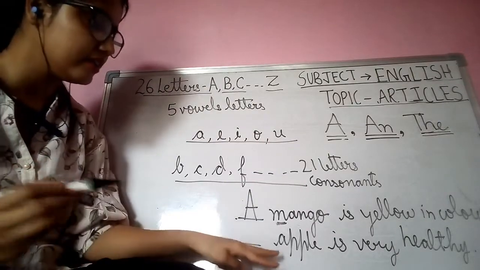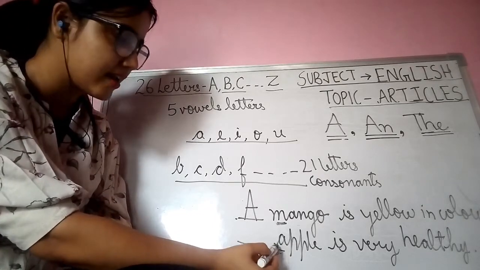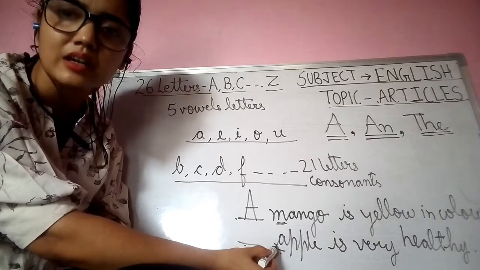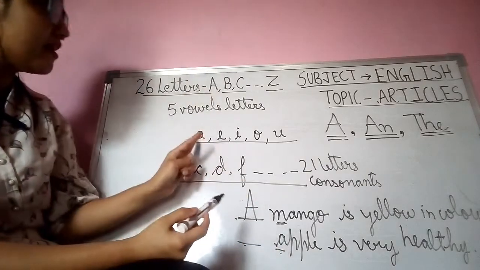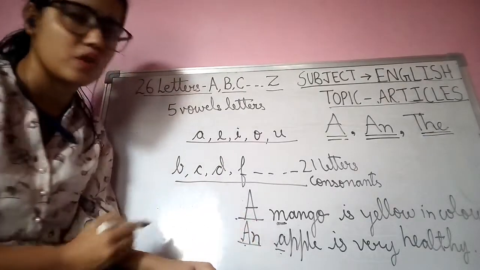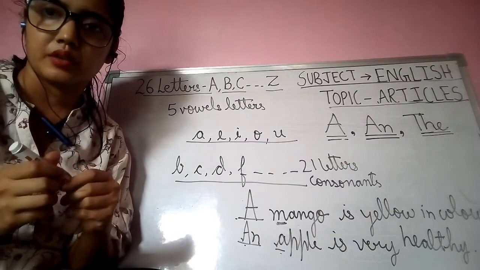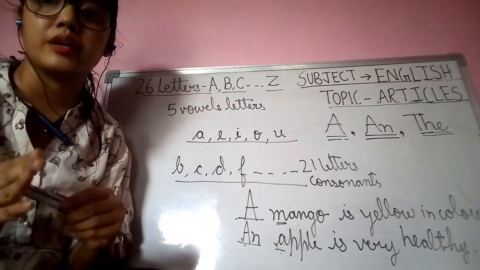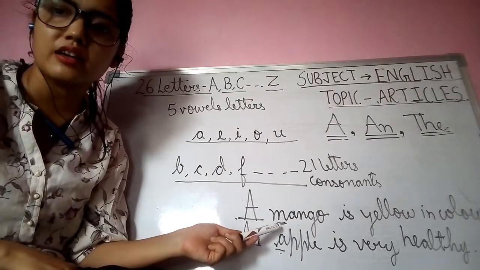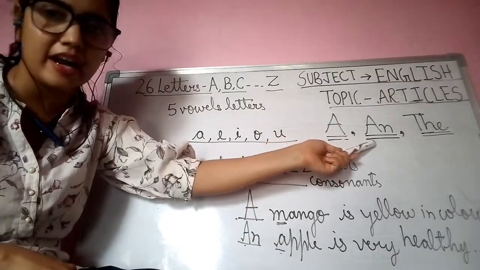Here the word just after the blank has A as the first letter. It begins with the letter A, and A is a vowel. So we will use an before this word. It will become: an apple is very healthy. So you have to be careful about the first letter of the word after the blank, in which you have to fill a or an.